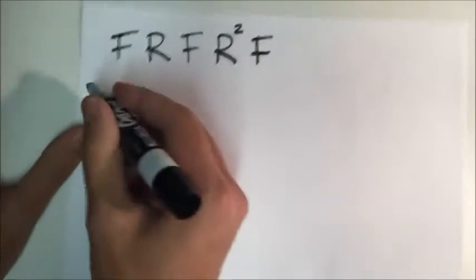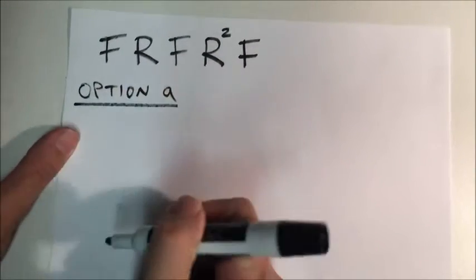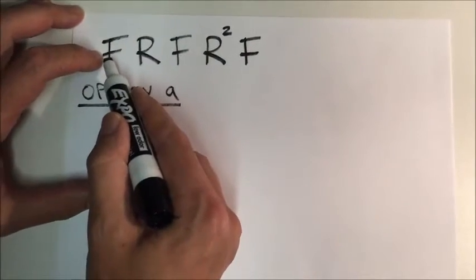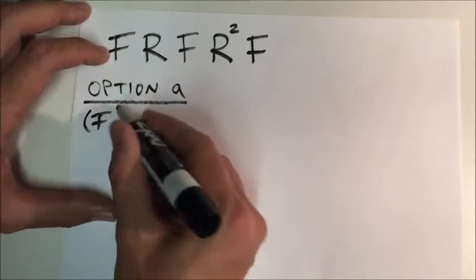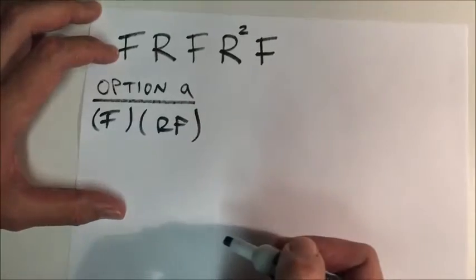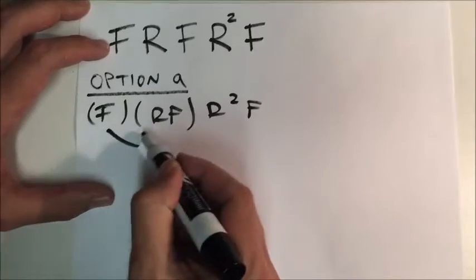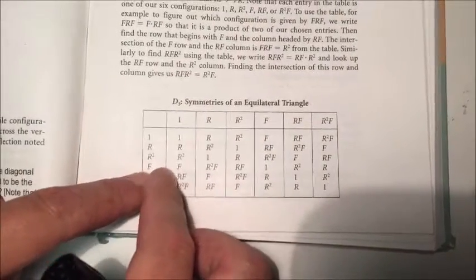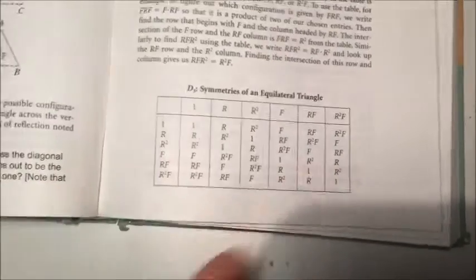One of the ways, option A, we'll take the F and the FR as the first things to multiply. And from the multiplication table on the previous page, I can see that F combined with RF is R squared, right?